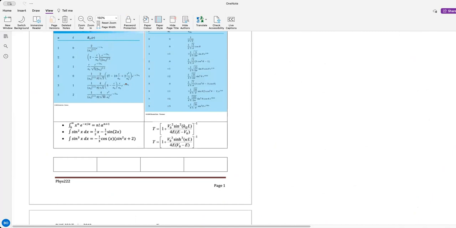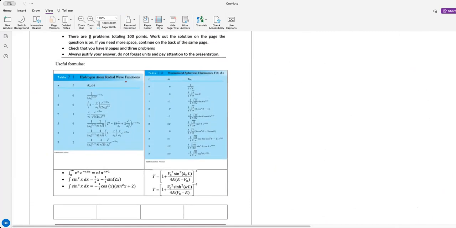This is what you would get in the exam, something similar. You would get the table of radial functions and spherical harmonics, and then those tables of general integrals that might be helpful, and you will get also this transmission.